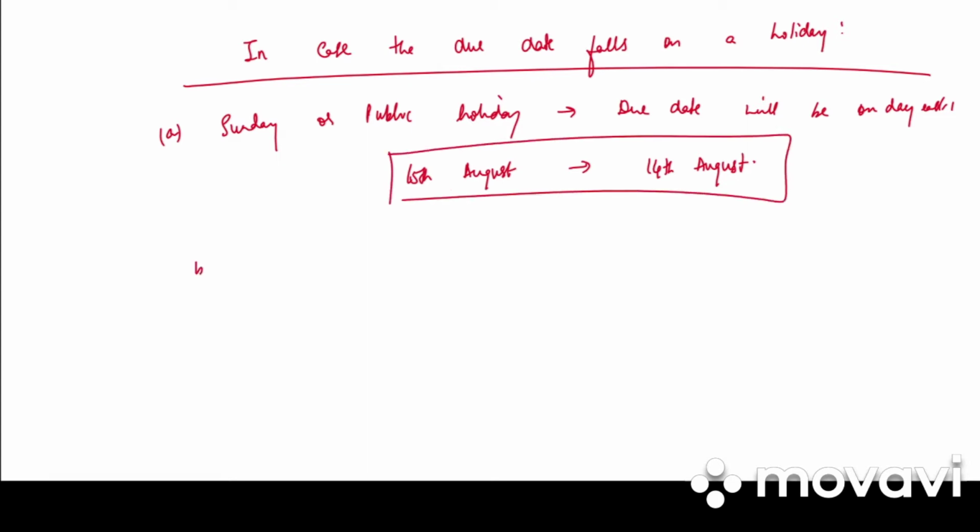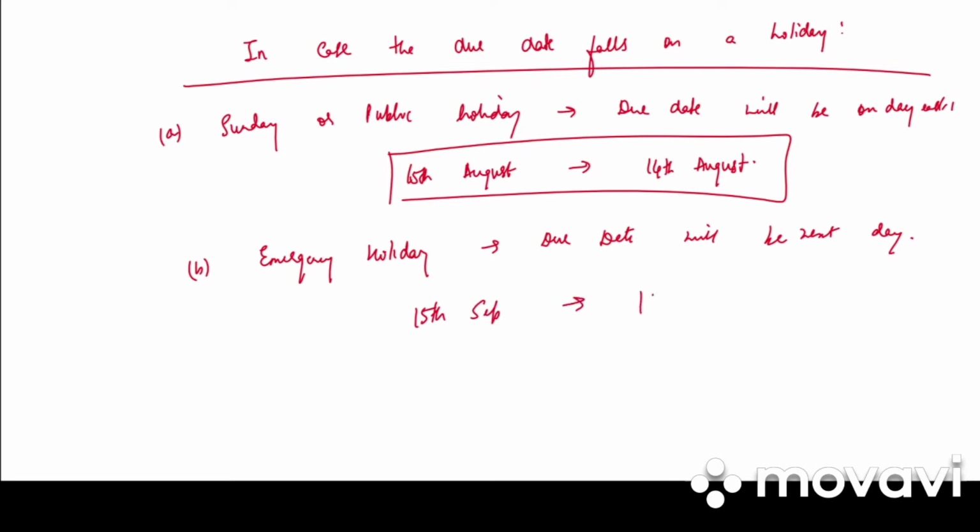Clear? And there may be one more case when an emergency holiday has been declared. In case of that, what will happen? Due date will be next day. Say for example, if your due date for the bill is 15 September, but 15 September is declared as an emergency holiday.